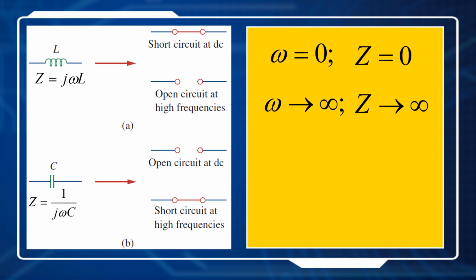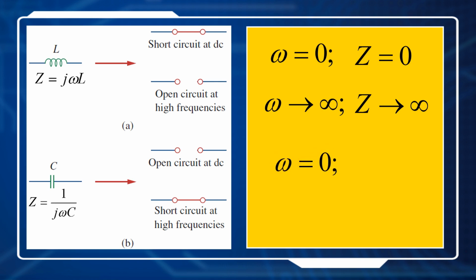For the capacitor, because Z equals 1 over J omega C, the greater omega is, the less the impedance is.